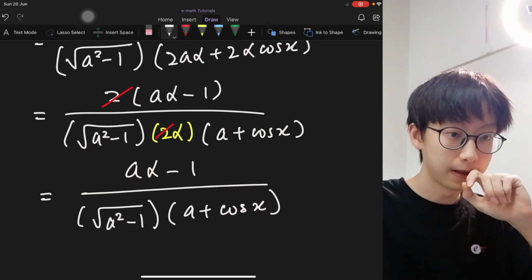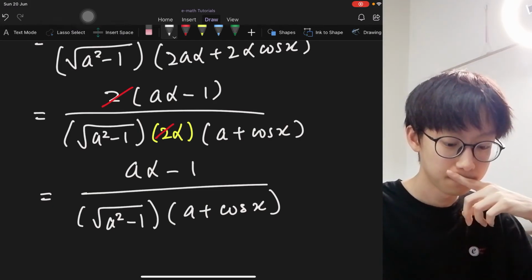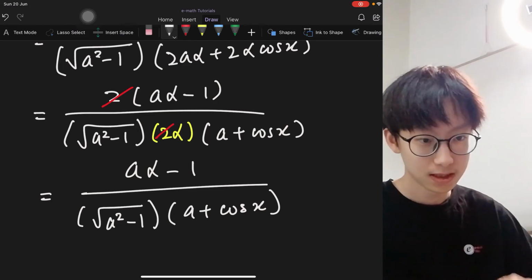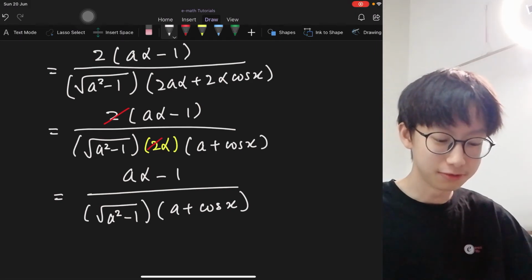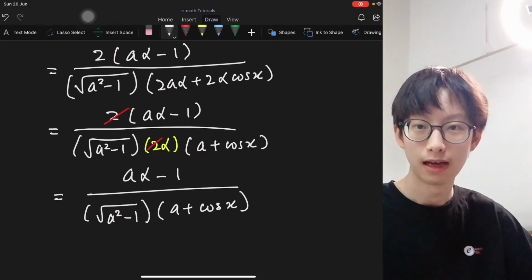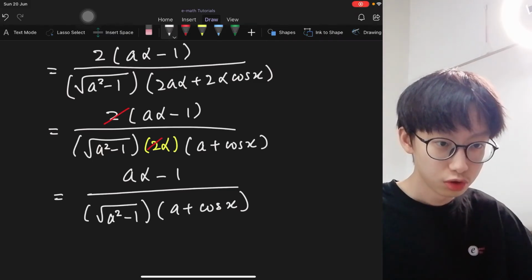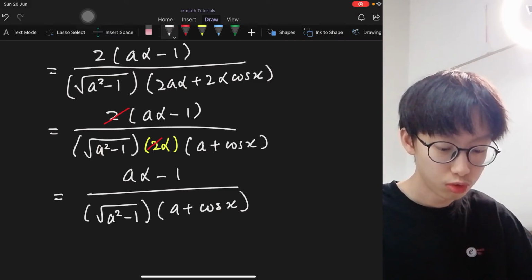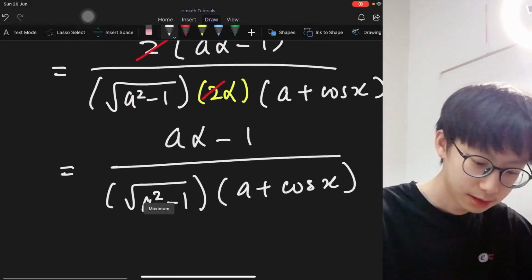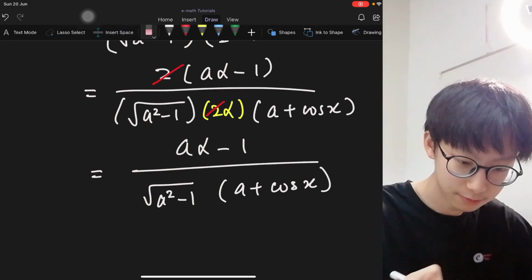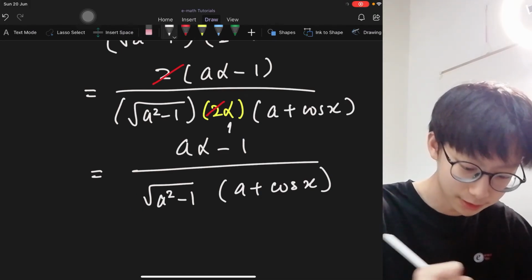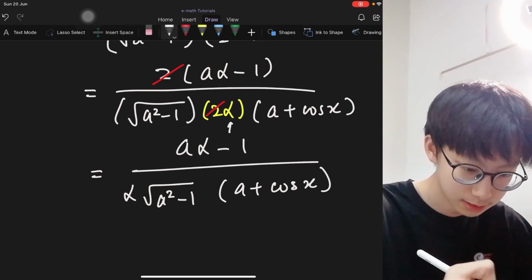Then what else? We still need to get rid of alpha at the end of the day. I almost missed out an alpha here. Sorry, we have an alpha here.